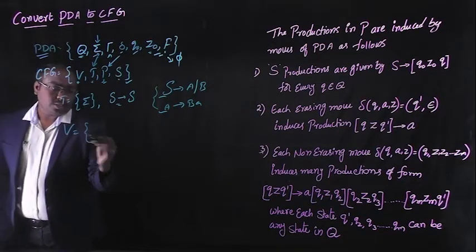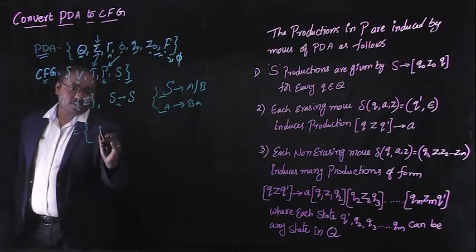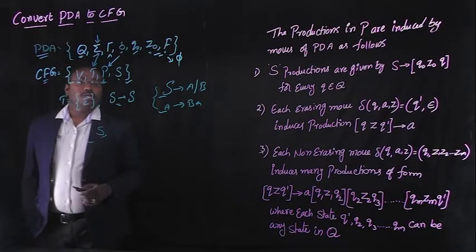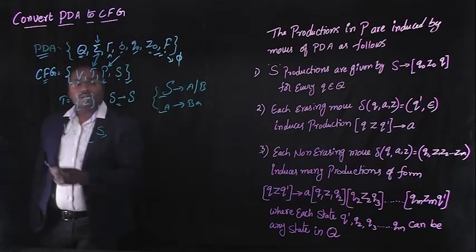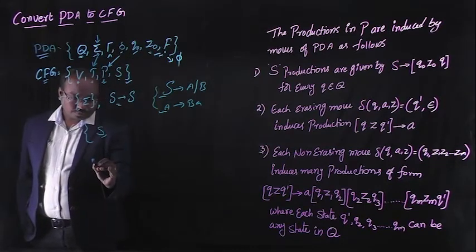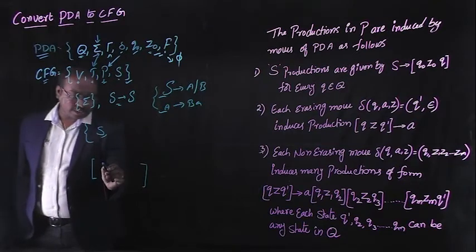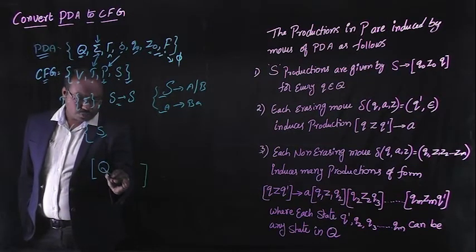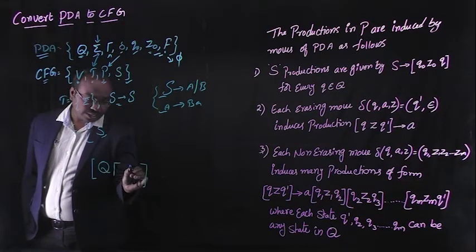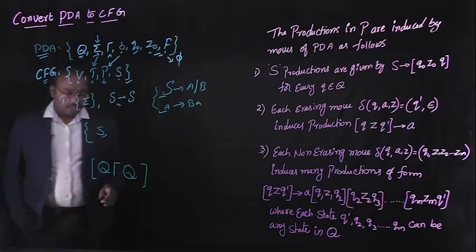V is the set of variables. It means S is one of the variables, and what are the remaining variables? In this context-free grammar we can form the variables in the form of a square bracket with Q, any stack symbol, and again a state.